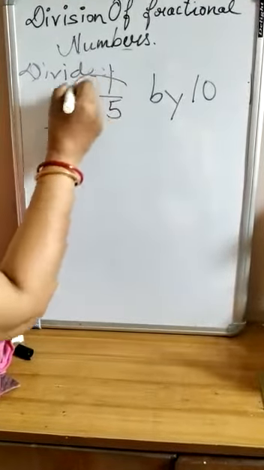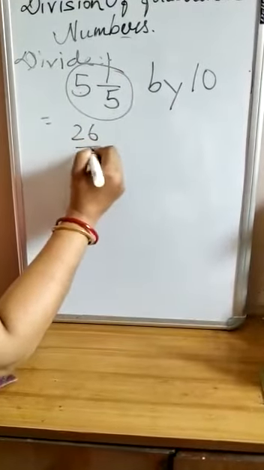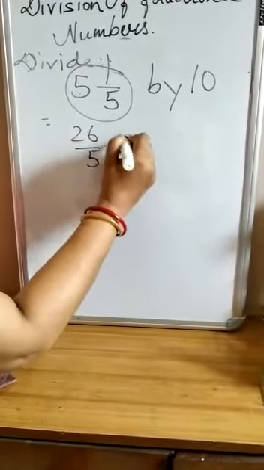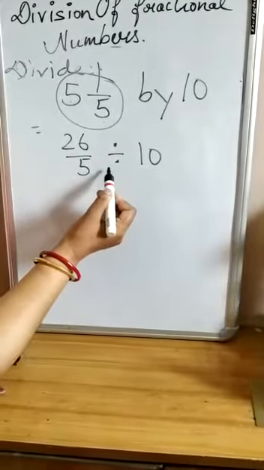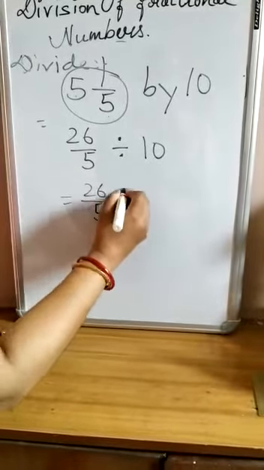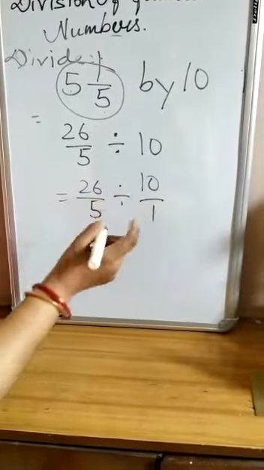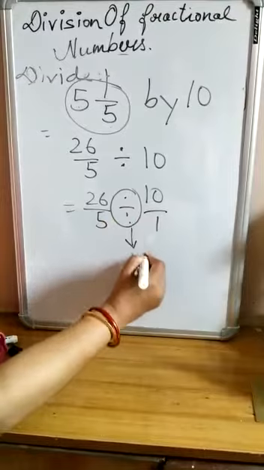Firstly we will change this mixed number. 5 fives are 25 plus 1, 26 by 5 is divided by 10. Now when we are doing the division, we can write it as 26 by 5 divided by 10 by 1.